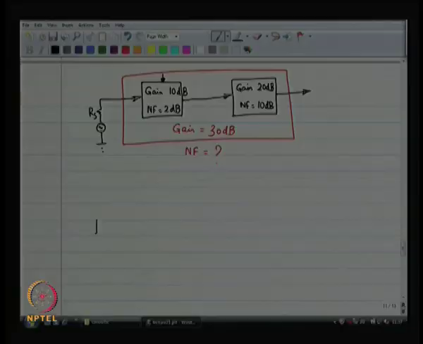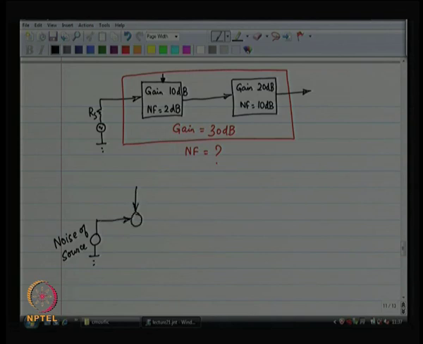So, I can model this as follows. I have got some noise of the source, and I will have some extra noise coming in over here, which is 10 dB more than noise of source.